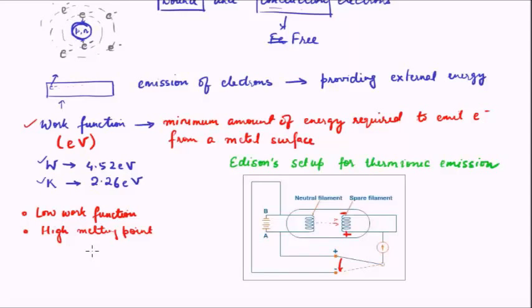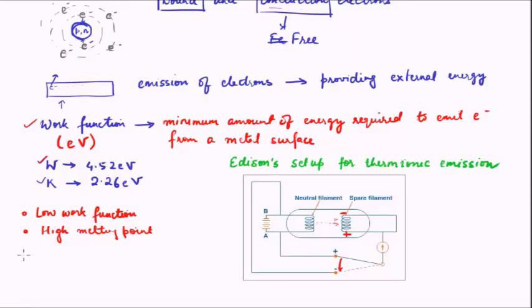Okay, now with this idea, let us see some of the materials which are practically used when thermionic emission is required. If you think about tungsten, as I have already mentioned here, tungsten has a work function of 4.52 electron volt. This is a little on the higher side, but a point to note is that the melting point of tungsten is also quite high.